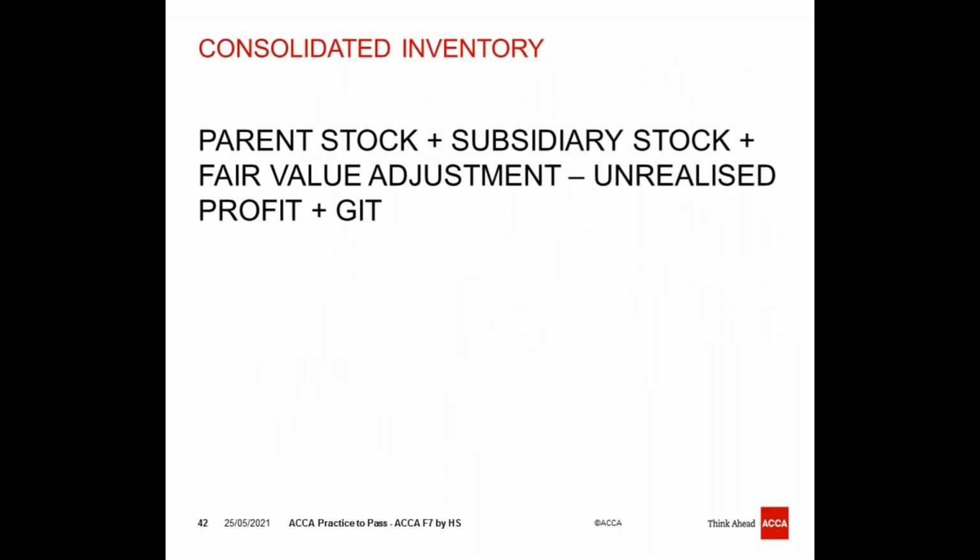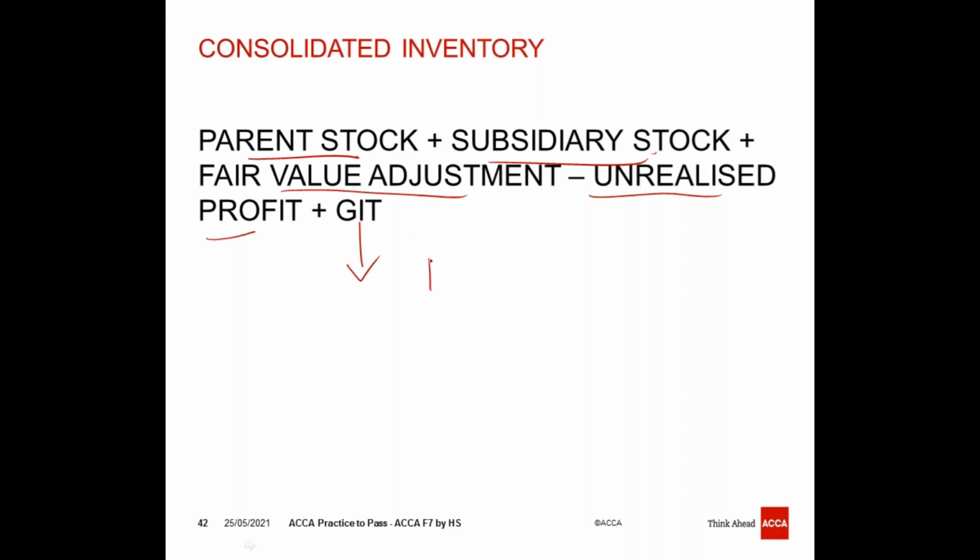Next thing is how we can calculate the consolidated inventory. Consolidated inventory can be calculated by adding the parent's inventory plus subsidiary inventory plus fair valuation adjustment if there is any fair valuation adjustment at the date of acquisition. And you need to deduct the unrealized profit and you need to add the goods in transit.